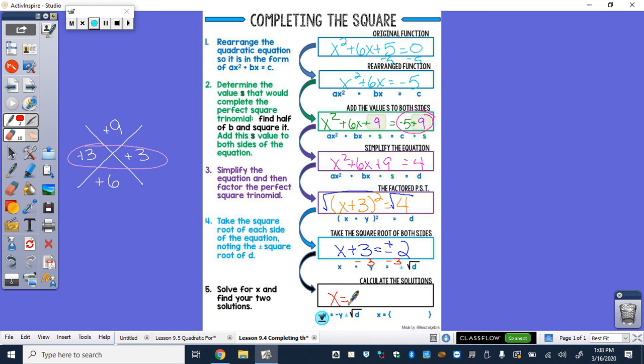So 2 minus 3 gives us what? -1. And then -2 minus 3 gives us -5. So our two answers are -1 and -5. Because I did my +2 minus 3 is -1, and then my -2 minus 3 is -5.